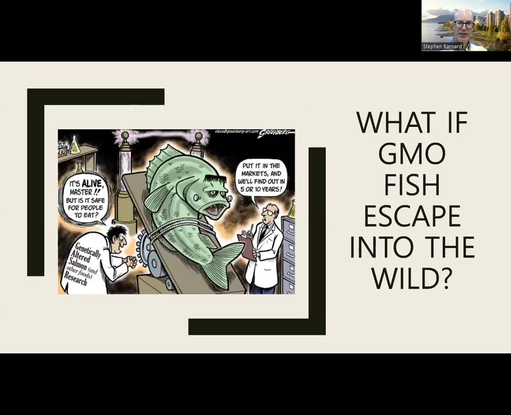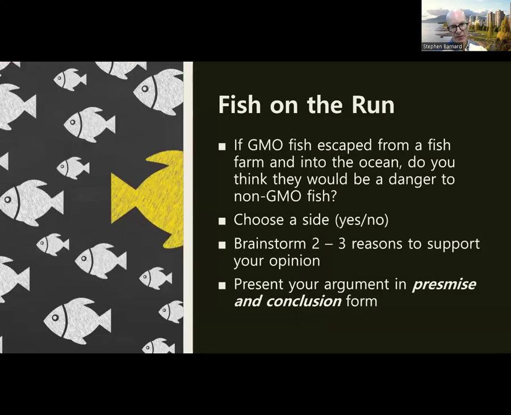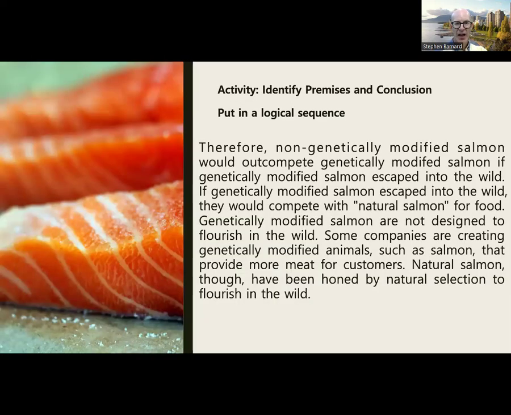Okay, we talked about GMO fish, which I thought was an interesting topic. Everyone was able to identify, I think, quite easily what the premises were and what would be a natural order to sequence these ideas in.